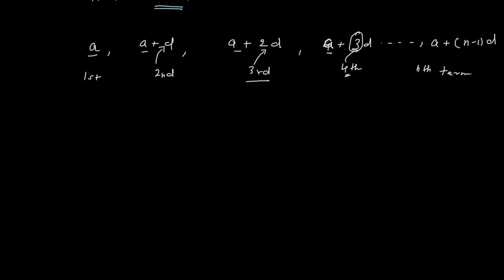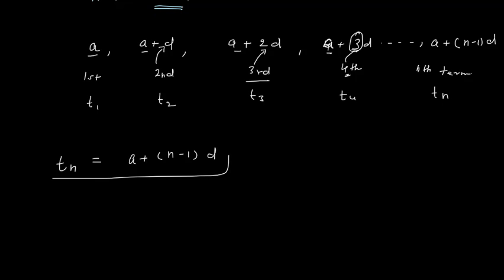The first term is A. It can also be written as T1. This can be written as T2, T3, T4, and this can be written as Tn. So here now you have a formula that Tn is equal to A plus (n minus 1) D. In some books you will find that instead of Tn they write An, and An stands for nth term.